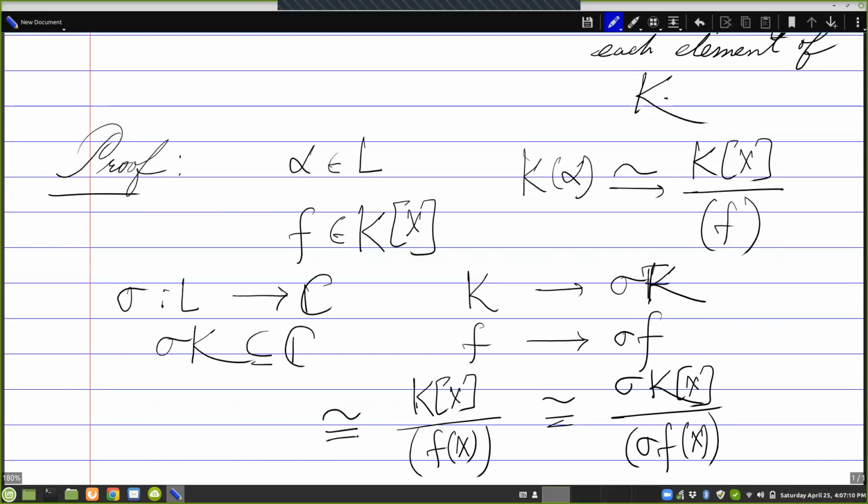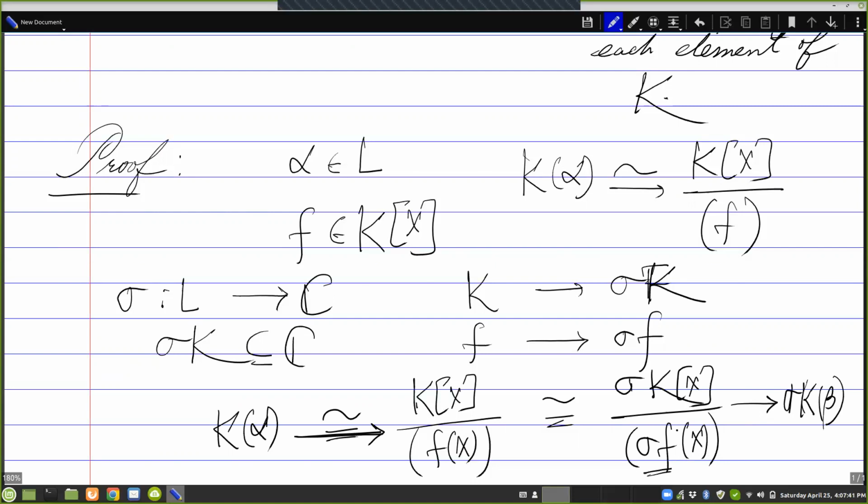From here we have this isomorphism, and from here we also have another isomorphism to sigma K[x] modulo sigma f(x), for any beta which is a root of the polynomial sigma f.